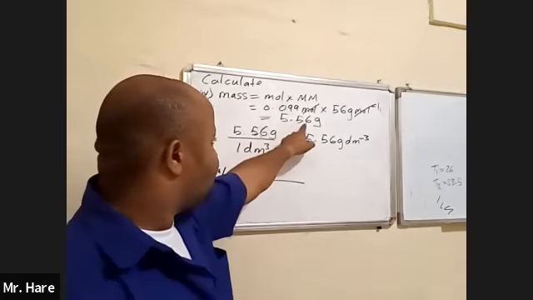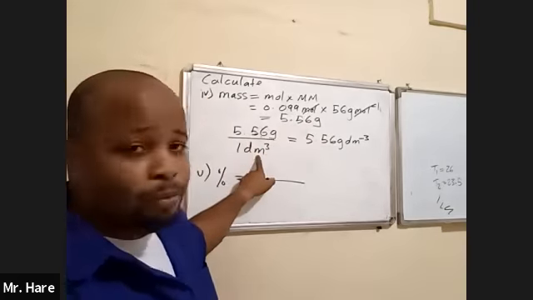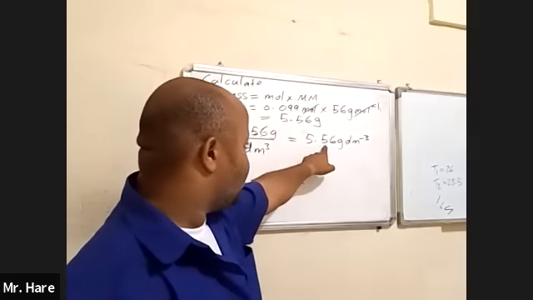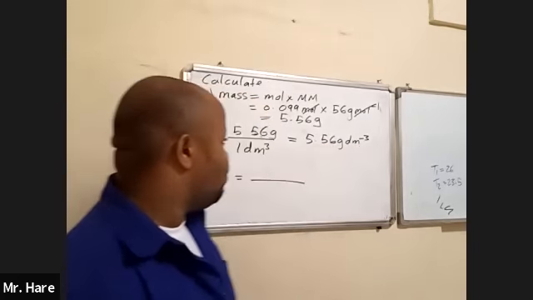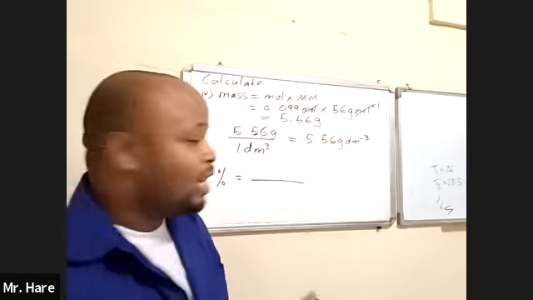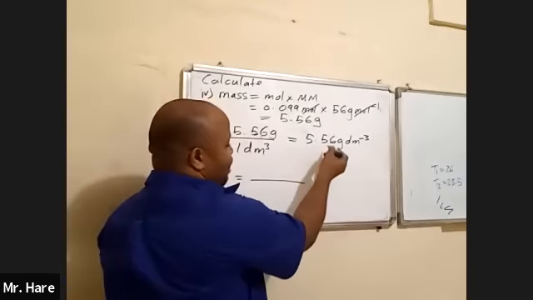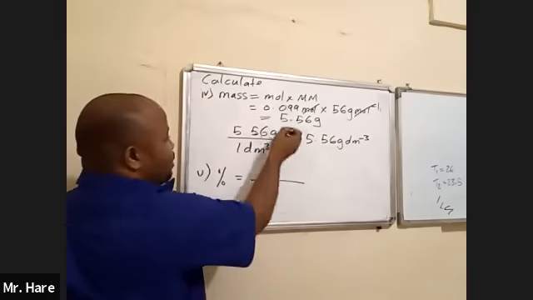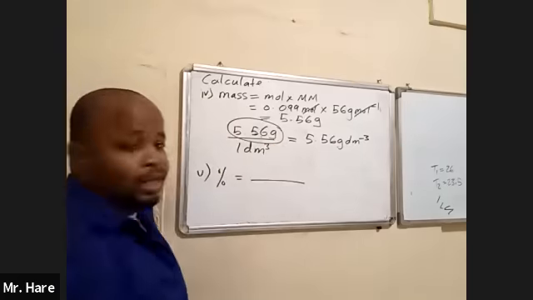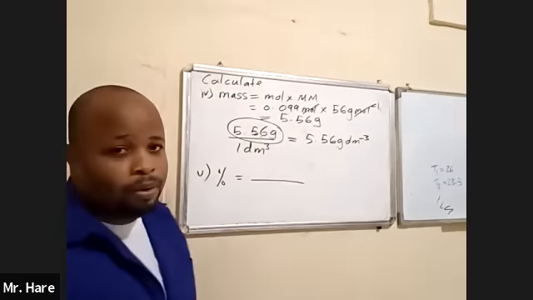So you have 5.56 gram in one dm cube. The reason why I write 5.56 gram per dm cube is to let you know that it tells us the mass that is present in one dm cube.